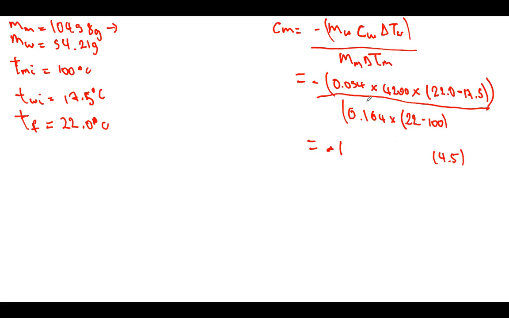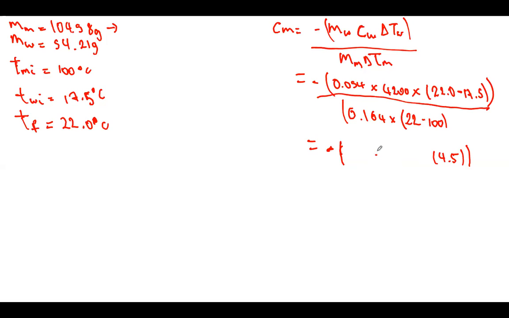Now let's find 0.054 times 4,200. All right, I see 226.8.